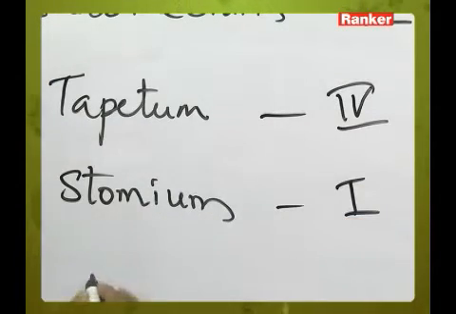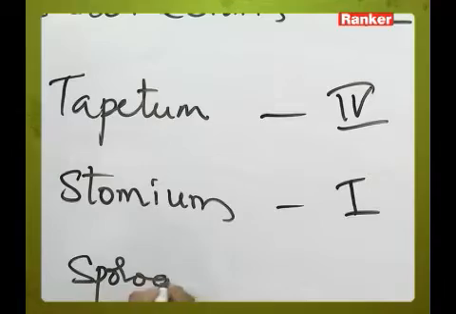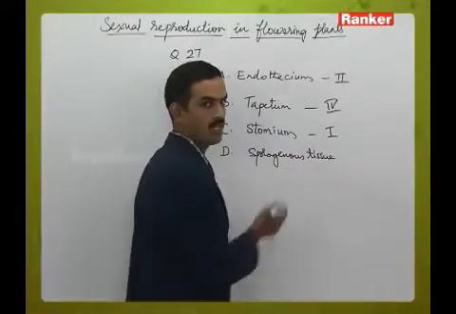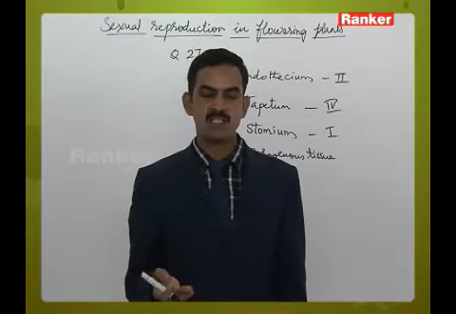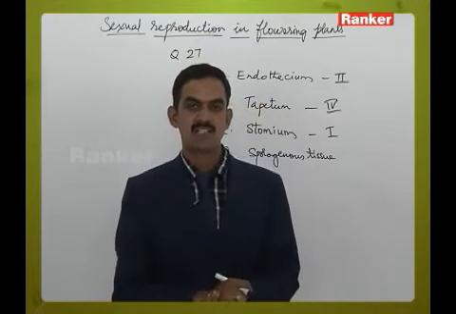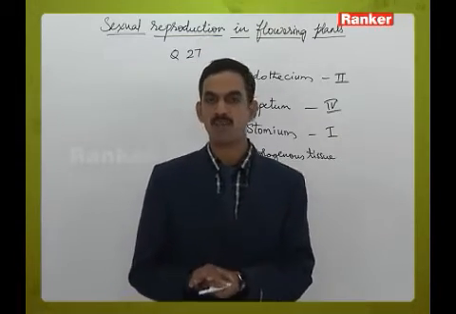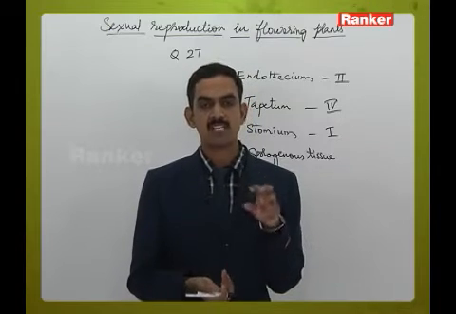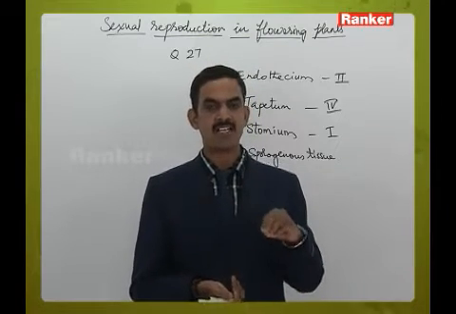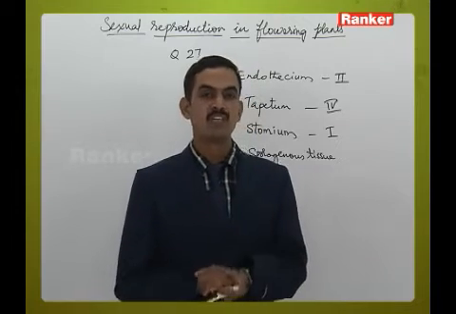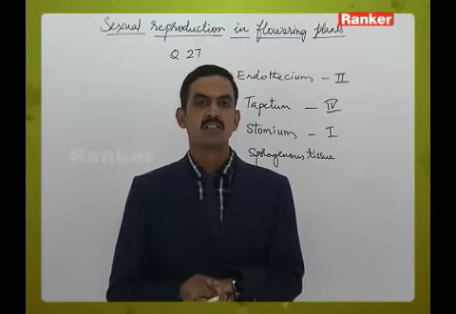Then D is sporogenous tissue. Sporogenous tissue is nothing but the parent cells of microspore mother cells, and it is present inside the pollen sac, towards the inner side of the nutritive tissue, that is tapetum.